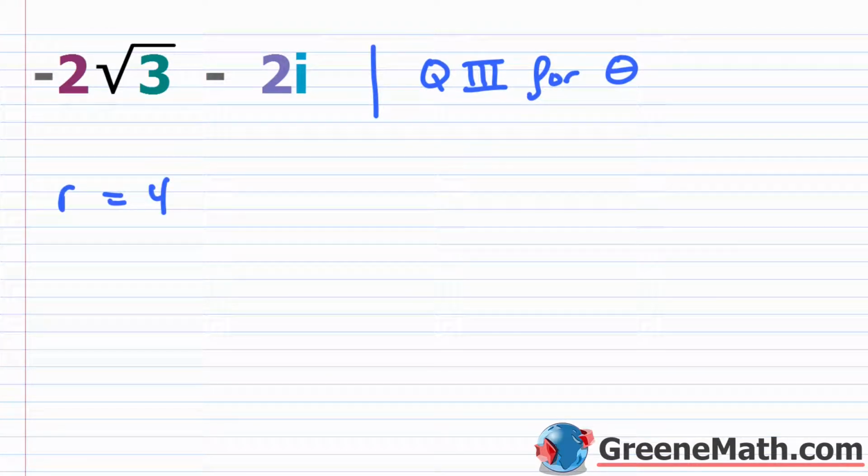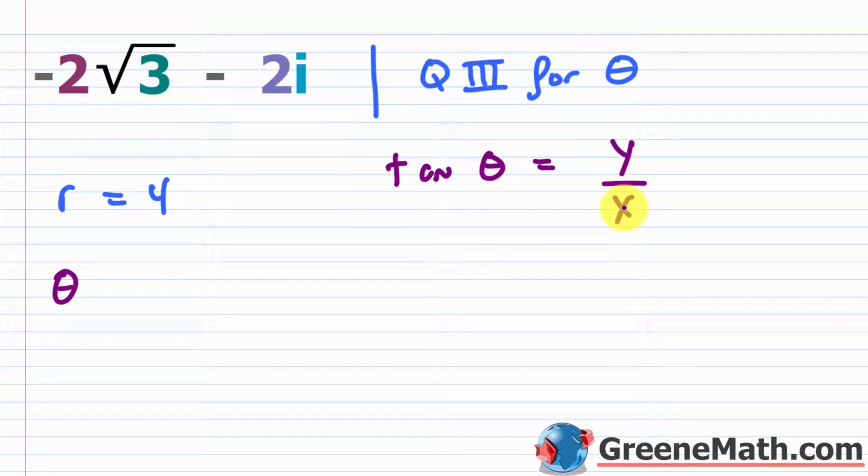So let's find theta. This is the one that takes a little bit longer. We know that tangent of theta is y over x, or b over a, if you think about this in terms of the traditional way we think about complex numbers. It's the imaginary part over the real part. The imaginary part is negative 2, and the real part is negative 2 times square root of 3.